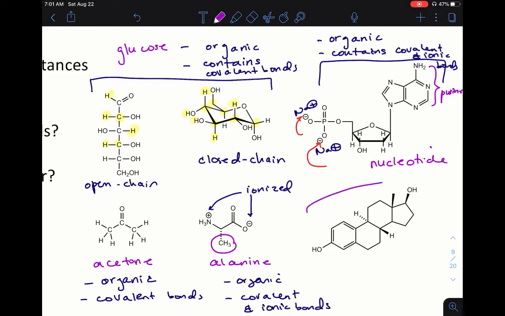And finally, we have this molecule. Many students recognize the steroid core, often from Bio 60 or just from your other life experiences. So this is the steroid core, and this particular steroid is estradiol, which is a sex hormone, and it is an organic molecule. We can see lots of carbons and hydrogens.